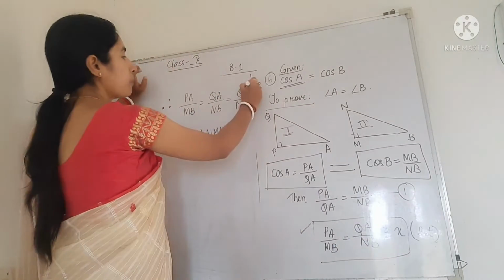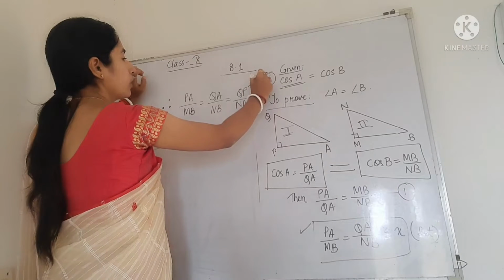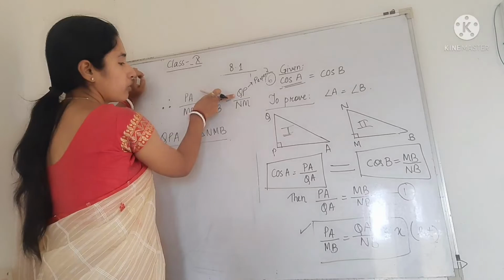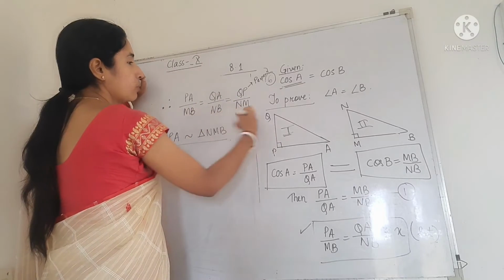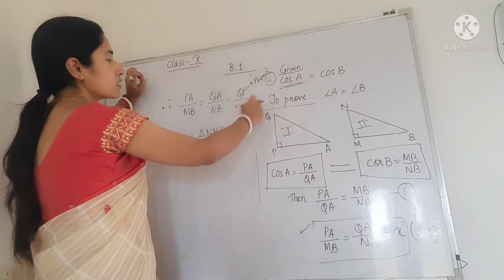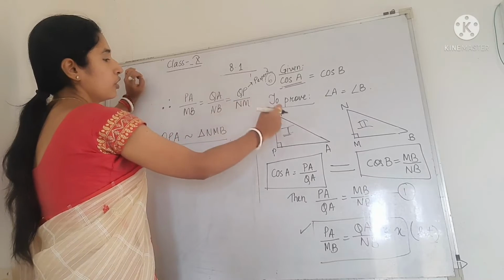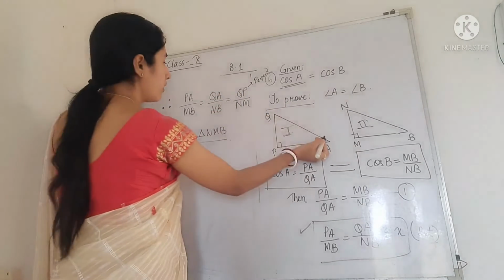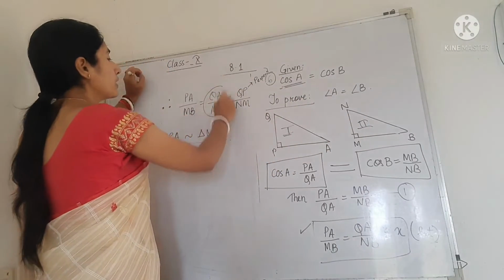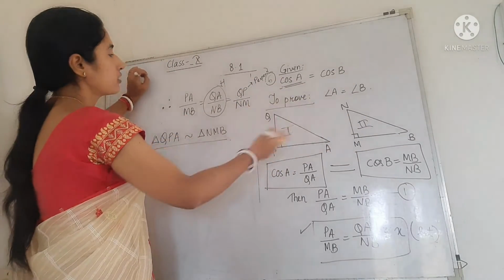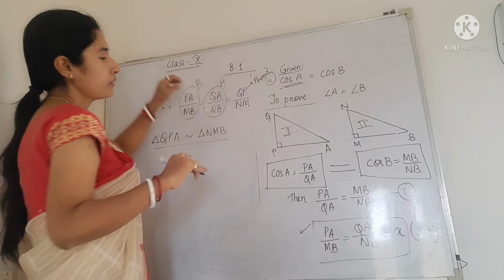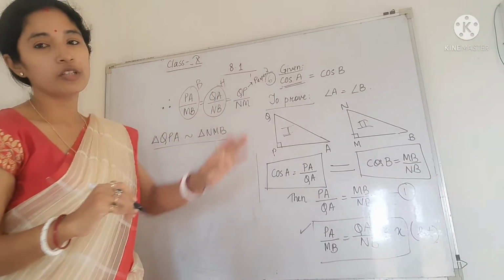So this one is about what? This one is the perpendicular from both the triangles. This is the perpendicular from the first triangle and this is the perpendicular from the second triangle. So this is the ratio of perpendiculars of the two triangles. Similarly, QA by NB, this one is the hypotenuse from both the triangles, and this one is the ratio of bases of both the triangles.